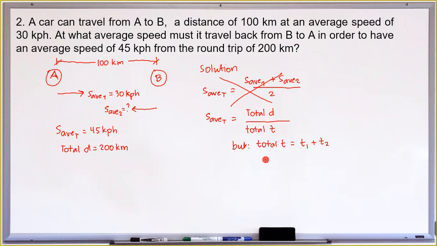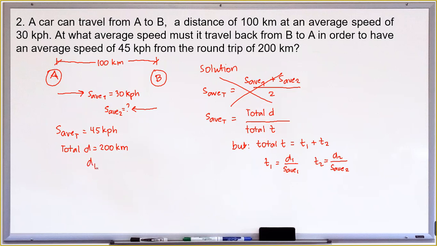Now, ang time from A to B actually can be solved using the speed formula. So that is distance, first distance nato, all over the average speed. Okay. Now, for T2, same thing gihapon pagbalik, distance all over S average ikaduha.